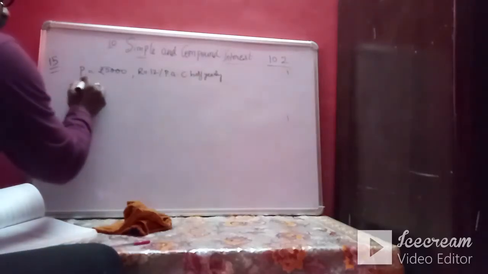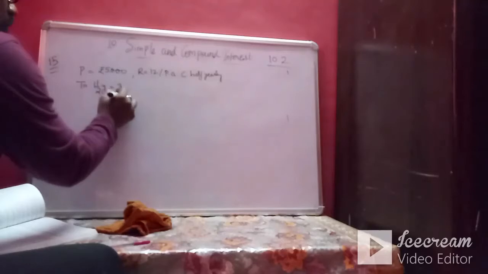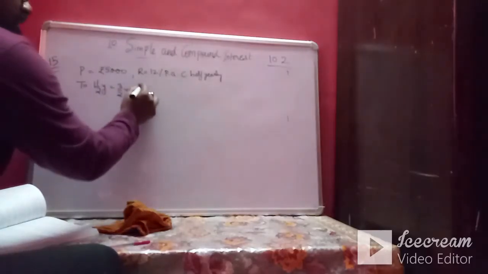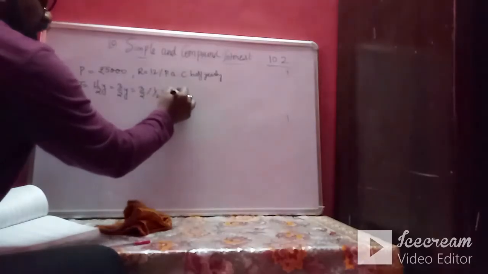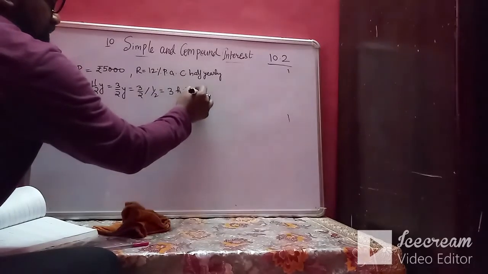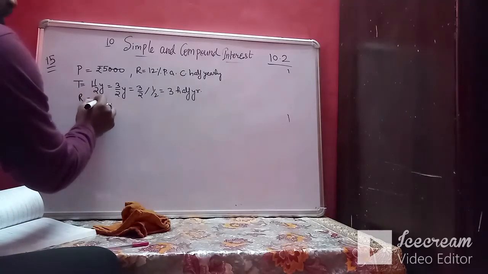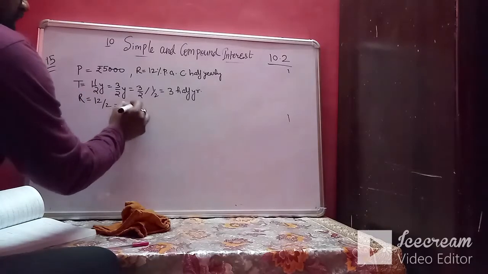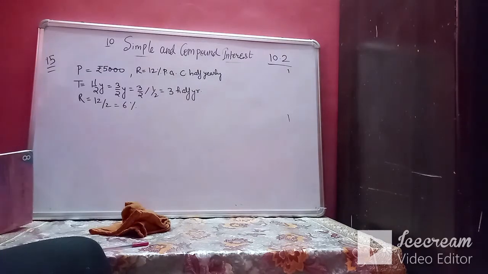So here time is how much? 1.5 years, that is 3 by 2 years, or we can write 3 by 2 by 1 by 2, that is 3 half years. And what is the rate for us? Rate will be 12 by 2, that is 6%. Now what he is doing, he is paying 1800 at the end of every half year.